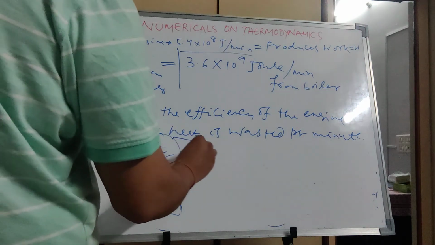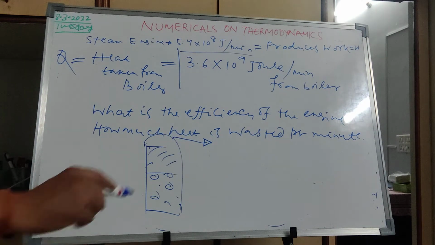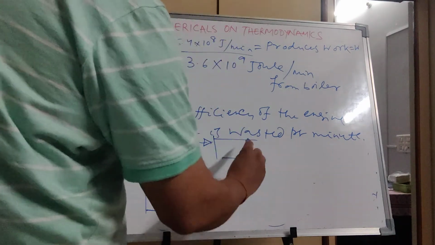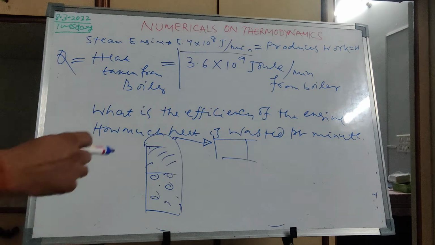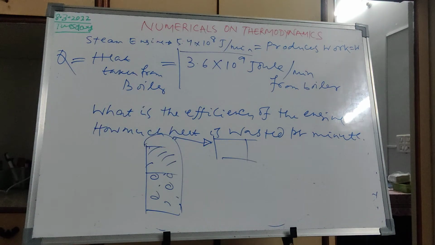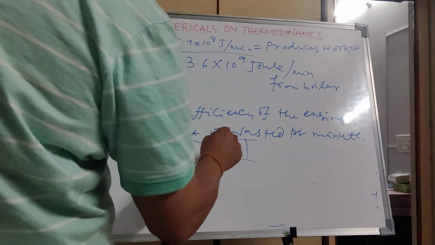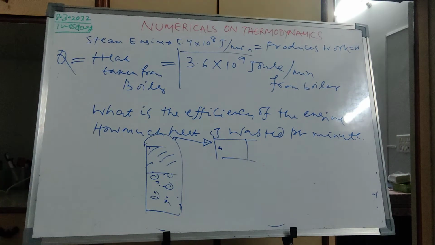So from this boiler, the steam will go with the help of a pipe. Let us say it will go to the engine, the normal piston engine or whatever. The only difference between the steam engine and your internal combustion engine is that in internal combustion engine the combustion happens inside, but in steam engine the combustion is happening here.